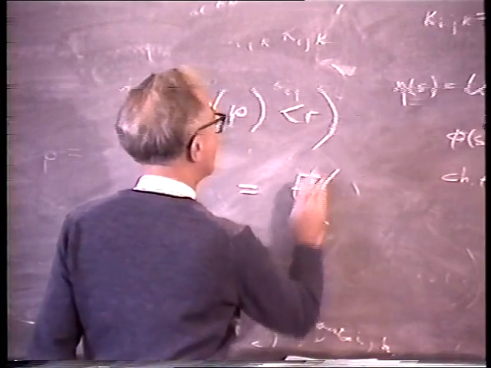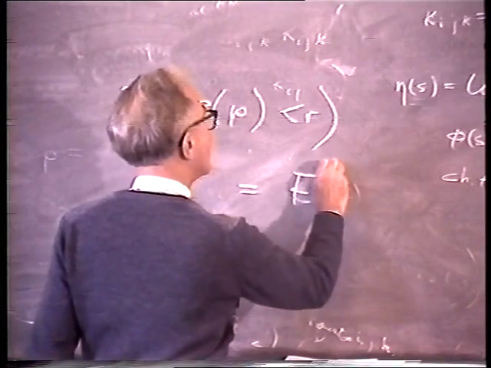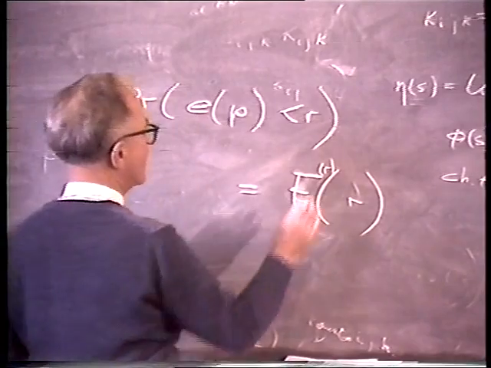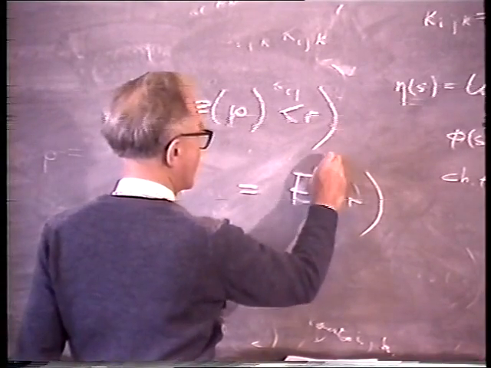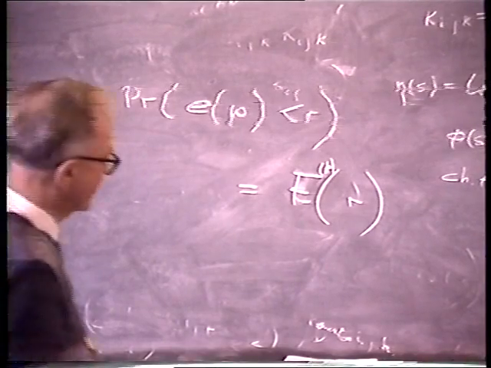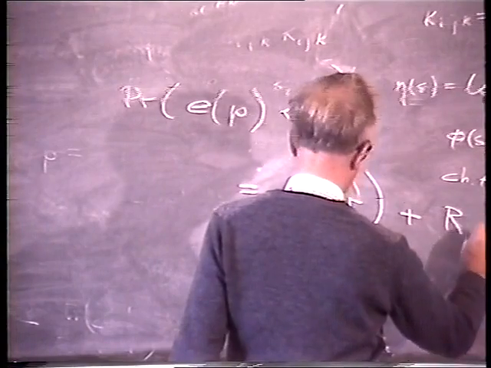I better not use E for Edgeworth, simply F of little r. I've got too many r's. Okay, little r. For a kth order Edgeworth expansion, plus a remainder, Rk.